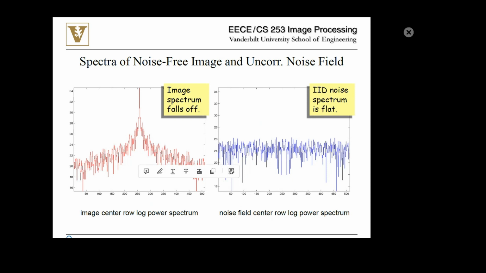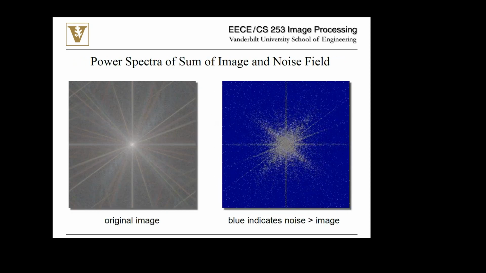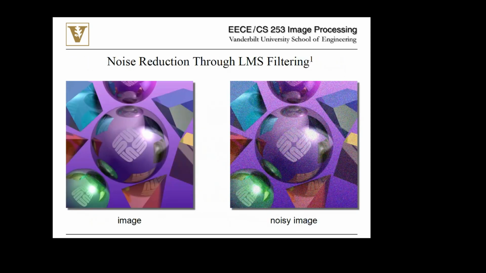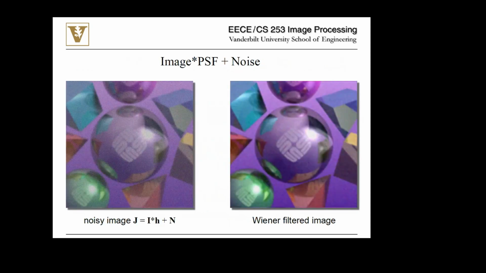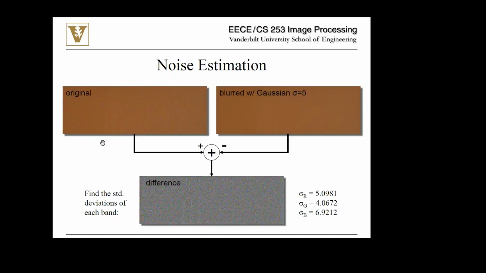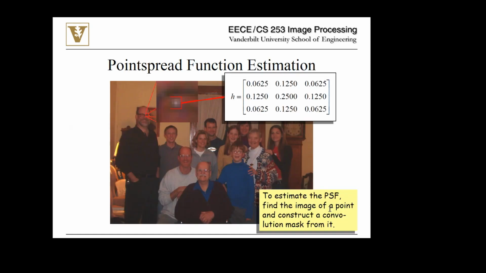So what we do is a high pass. You take the original, do a blurring, and then you compute the difference of this high pass. So now you're keeping just the constant part of the power spectrum, and you can estimate what is the noise in the different channels. Okay, so now we know what the power of the noise looks like.